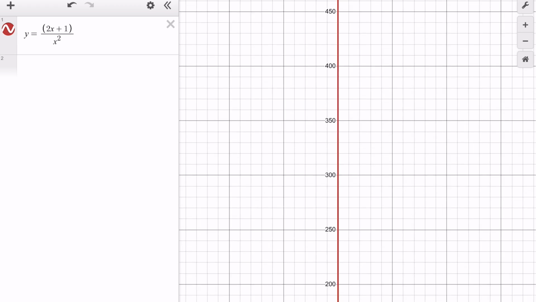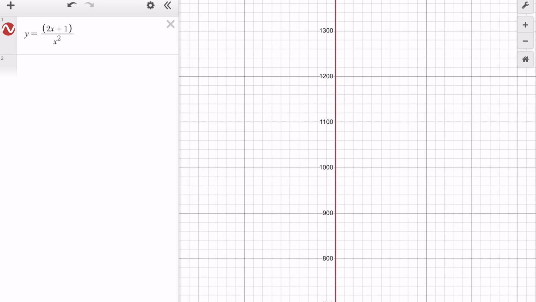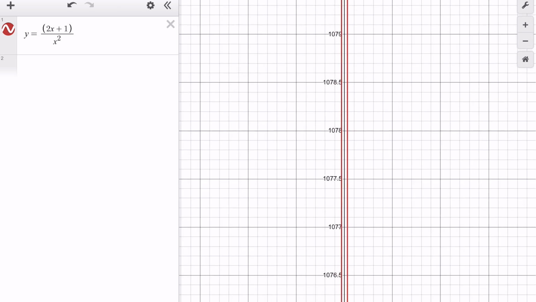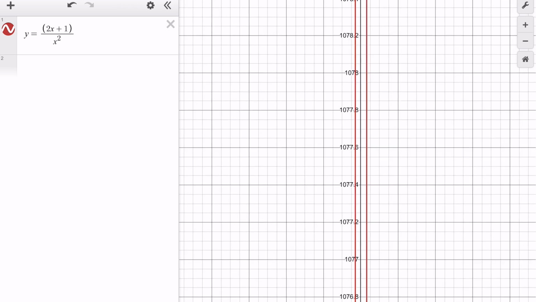It does not matter where you go, and whenever you zoom in, you see there is still nothing over there. So the function is blown up. There is no value as an output.